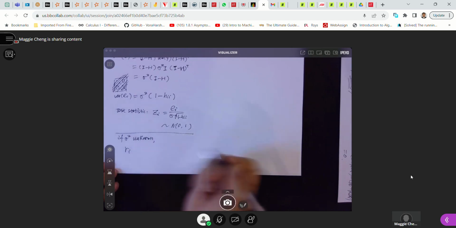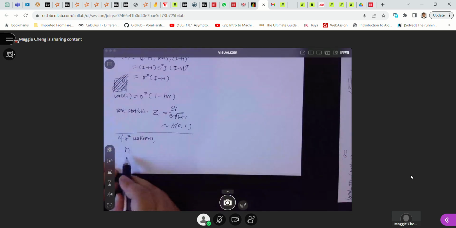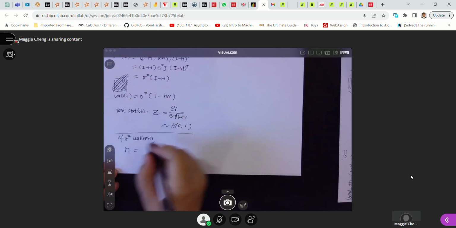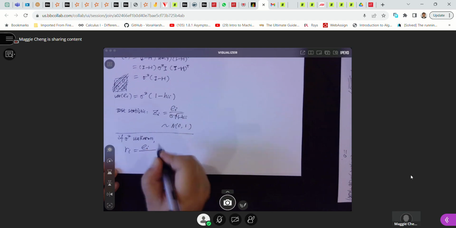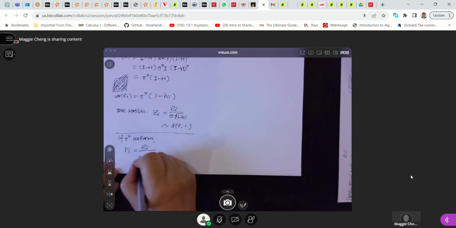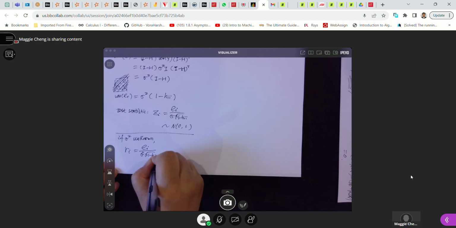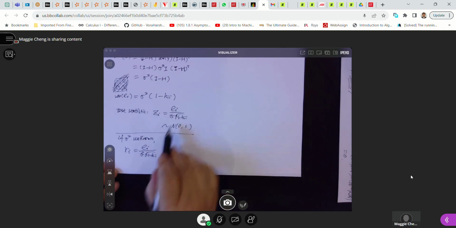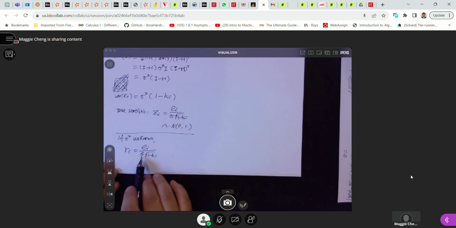This Ri has nothing to do with correlation. I just name the random variable Ri. Similar to this, you'll have Ei divided by, replacing sigma with the estimated one, sigma hat. You still have the square root of 1 minus Hii. Everything is the same, just replace sigma by sigma hat.